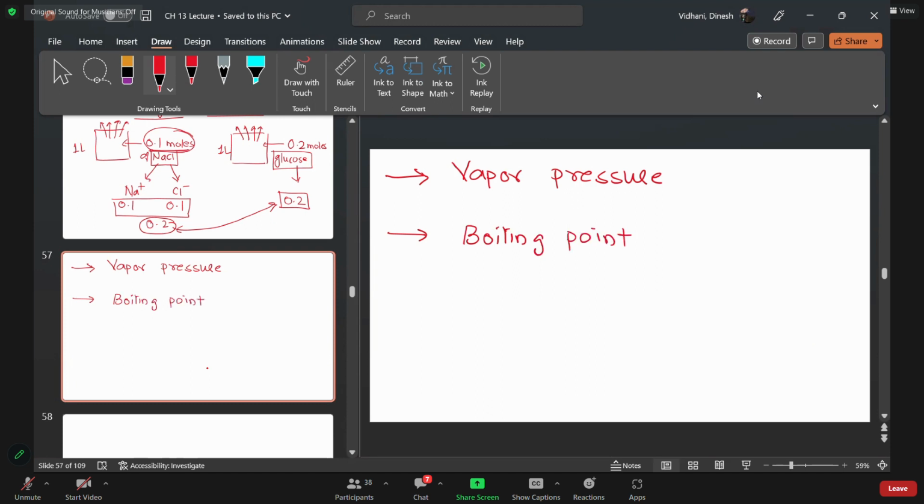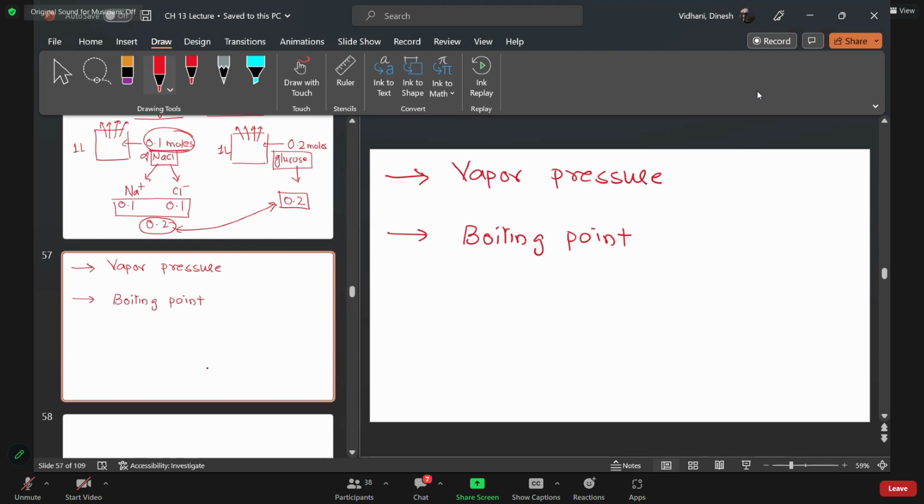But now think about it. When we add a solute in the solvent, something happens to the solvent. It is not the pure solvent anymore. So there will be a change in boiling point. For example, if you have water, it boils at 100 degrees centigrade.